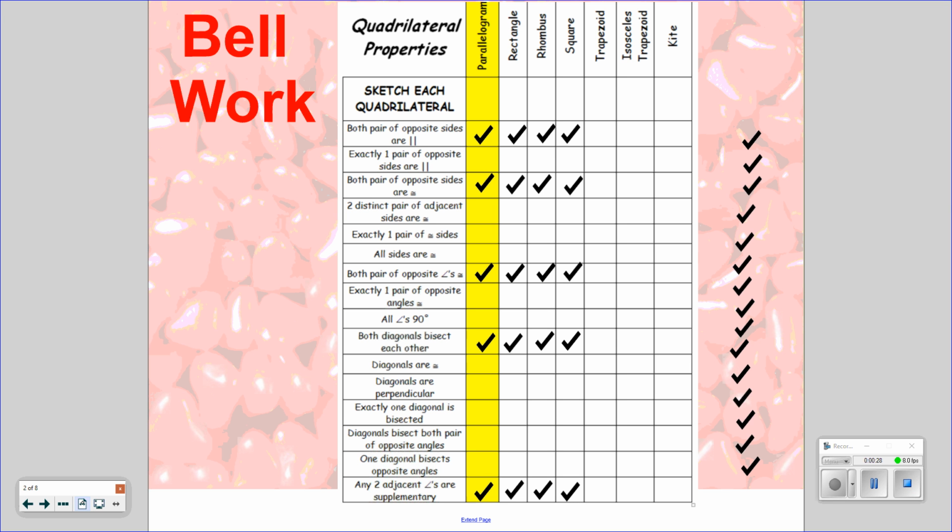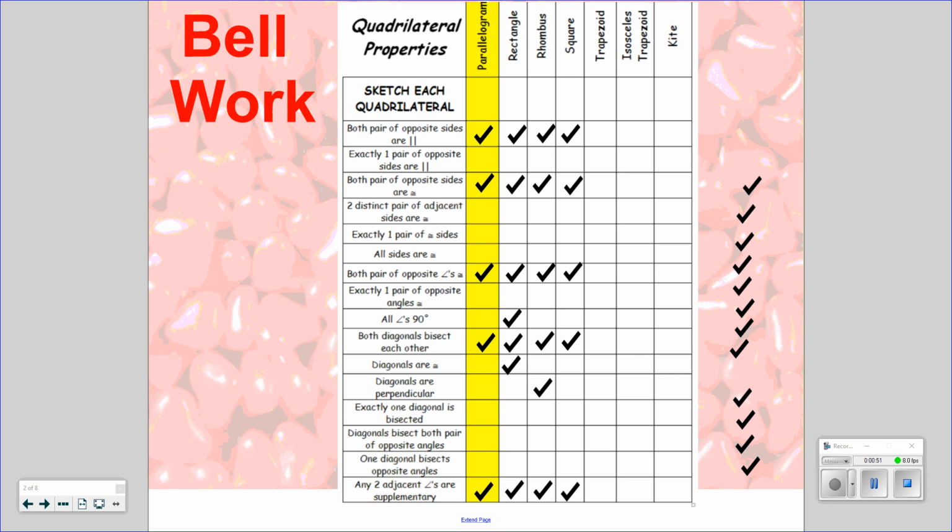So you might practice putting in your other check marks for the other figures, because remember that rectangles have all 90-degree angles. And so that would be something extra you would check on the rectangle. And a rhombus has diagonals that are perpendicular. And the rectangle has diagonals that are congruent.